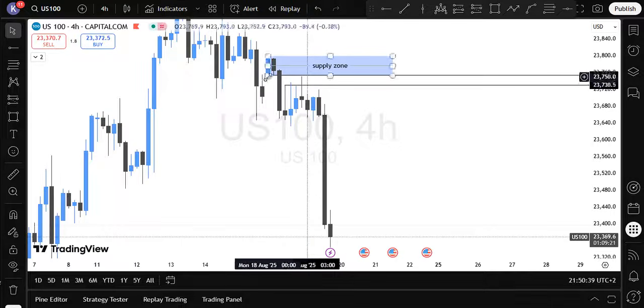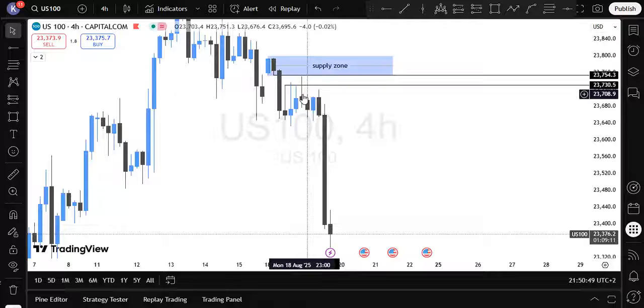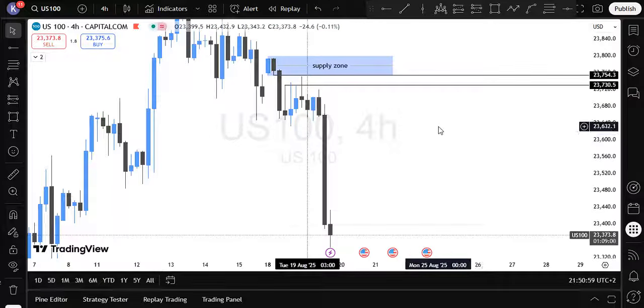Even if you spotted this fair value gap or used this fair value gap, you could have just waited for the market to come and mitigate the fair value gap. As soon as it closes below, that's your confirmation that you should start looking for selling opportunities, right? And then today, which is Tuesday, that's where you could have known that, okay, I'm looking for a bearish CRT, right? So let's get into it.